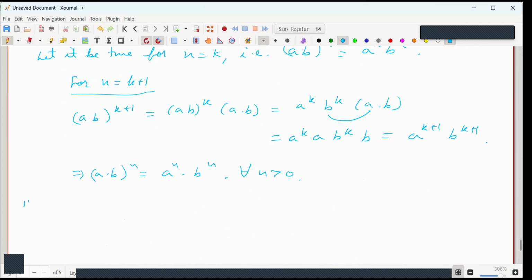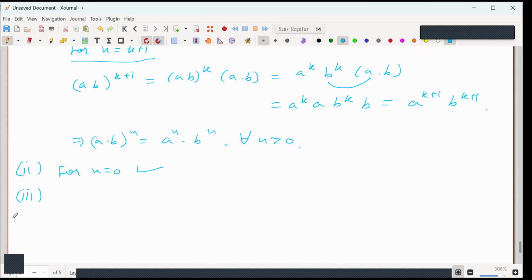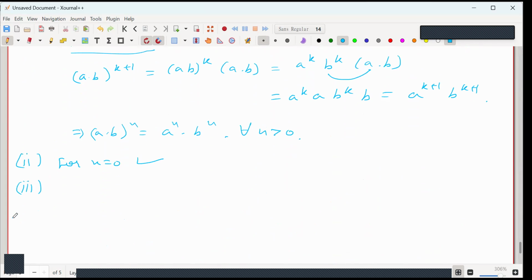That's what we have done till now. Now, for n equal to 0, definitely we have (AB)^0 is identity, A^0 and B^0 are identity. So nothing to check there. And if n is less than 0, then we cannot use mathematical induction, right? Mathematical induction is for positive integers. But still we can say something.